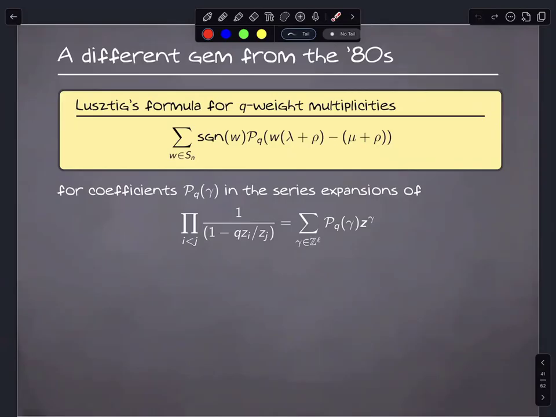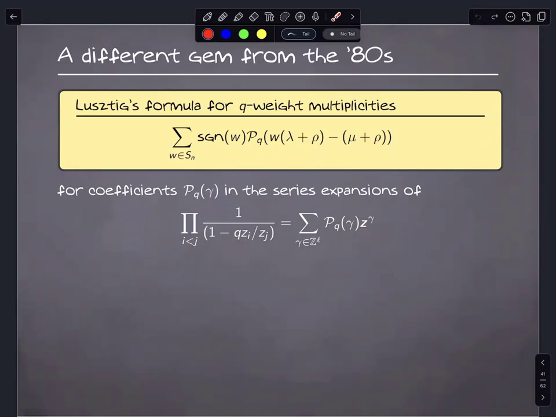Well, another direction was some of the work that was done by Lusztig. Basically, without the q, this is a partition function, and the coefficients of Z without the q here were given as the partition function generating function of constant.